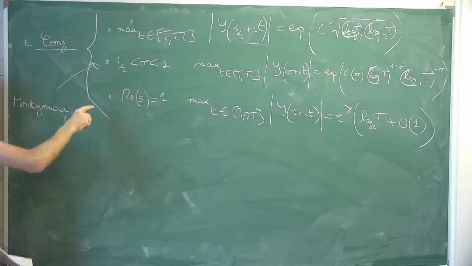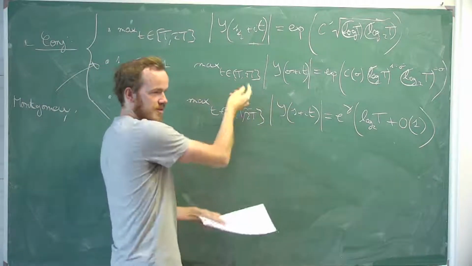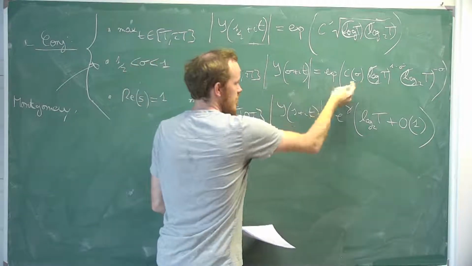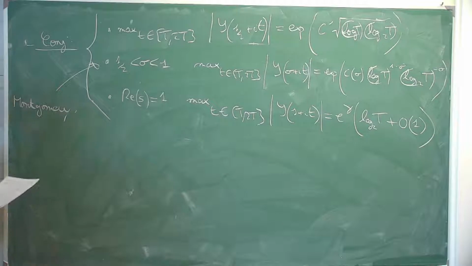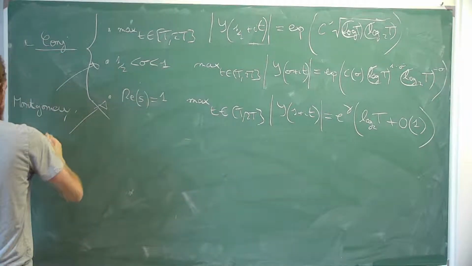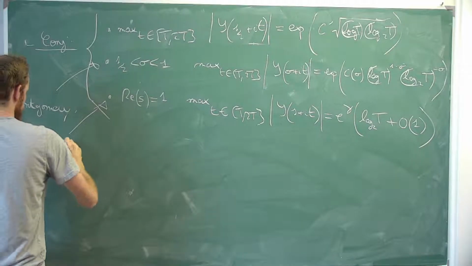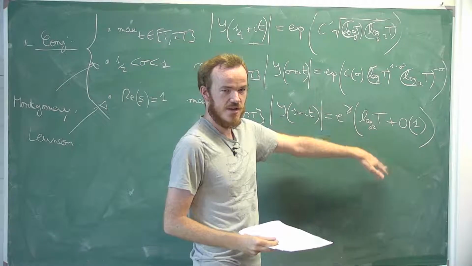He proved that we can produce values of this size on this line. It doesn't prove that it's the maximum. And here I prove what was proved by Levinson, that we can also attain this kind of values.